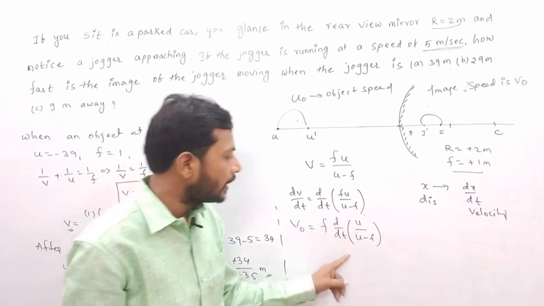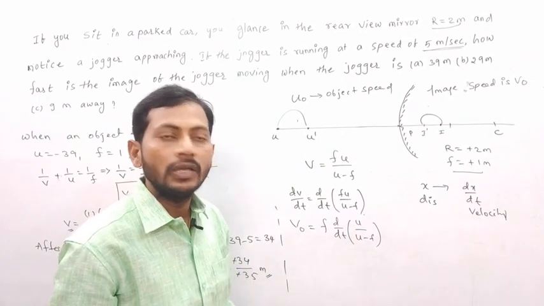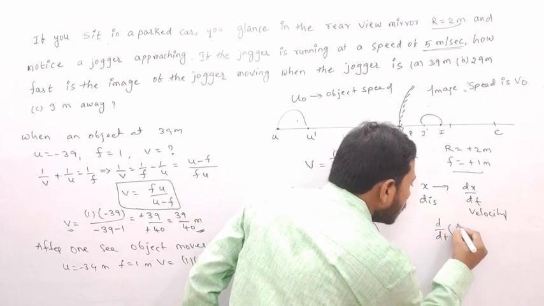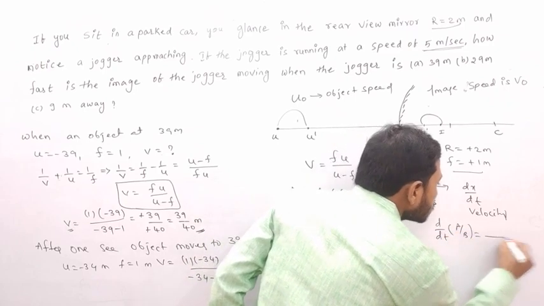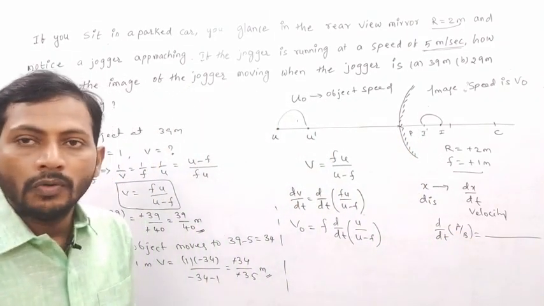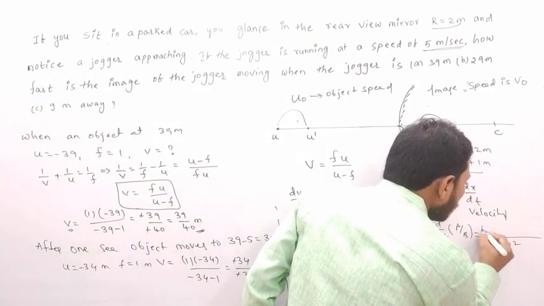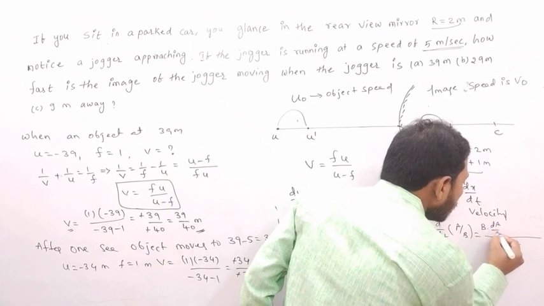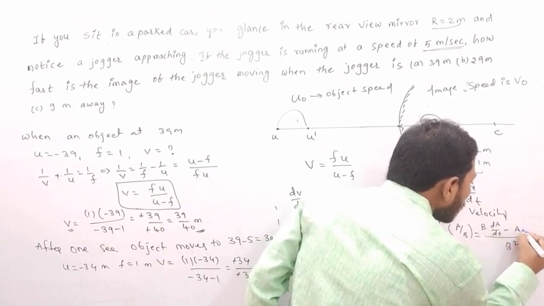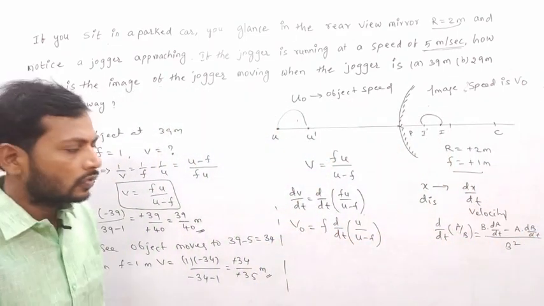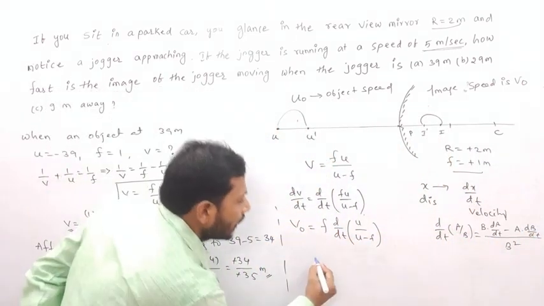It is d by dt of a by b. You know the formula, d by dt of a by b is, what is the formula, children? More than me, you only know. Very good. b square, b constant, dA by dt minus a constant, dB by dt. Do that thing. So now what do we have to do with the square?